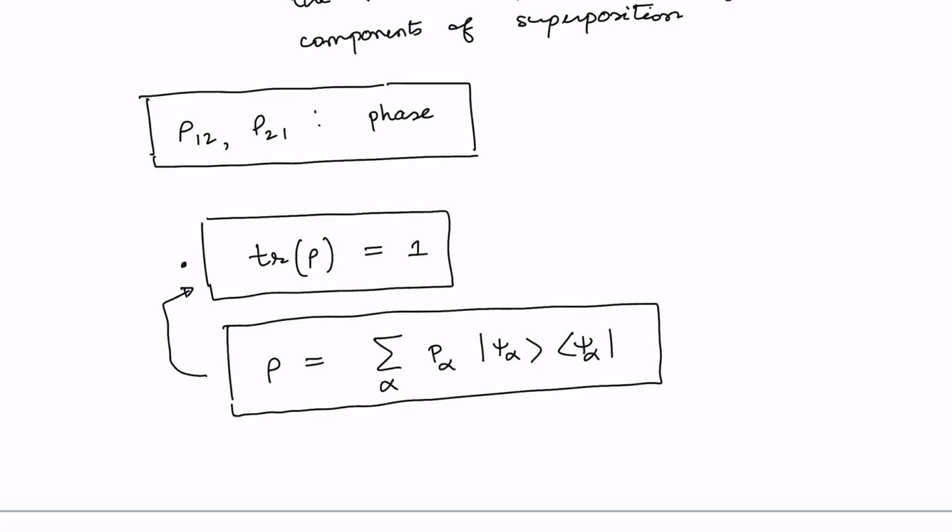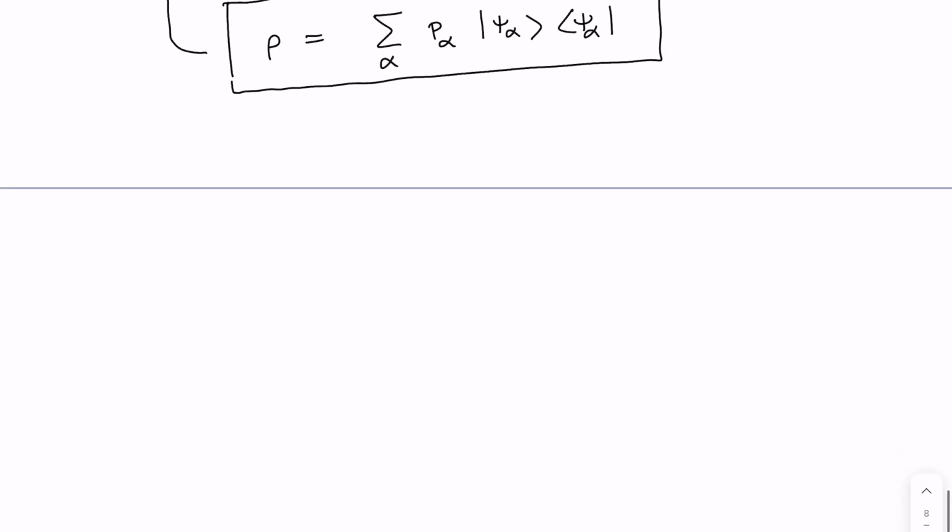Please do that. Let us now discuss how to distinguish a pure and a mixed state using the density matrix formalism. For a pure state, rho is equal to |psi><psi|.